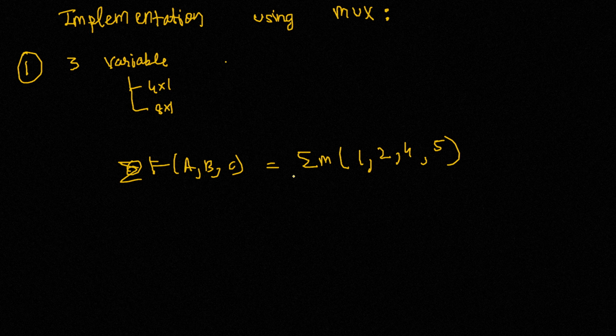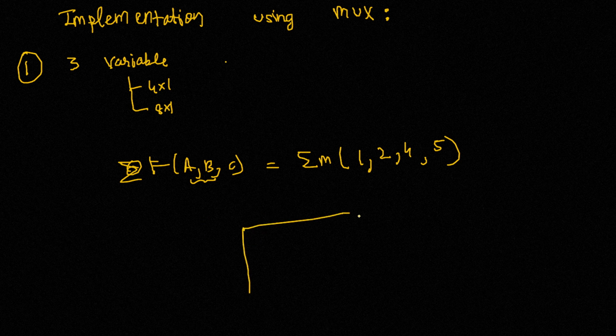Okay, so in a 4 cross 1 mux, we know that we have two select lines. So out of these three variables, two of them are chosen as the select lines, and the third one is fed in some form or the other through the various input lines that we have.